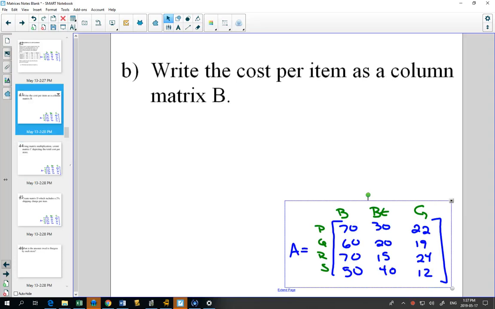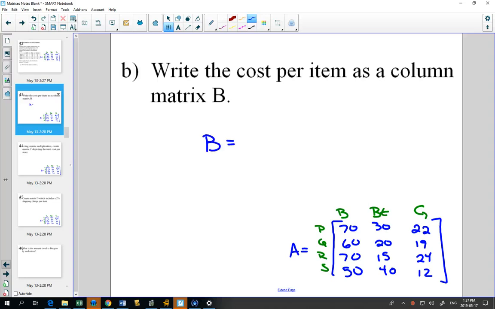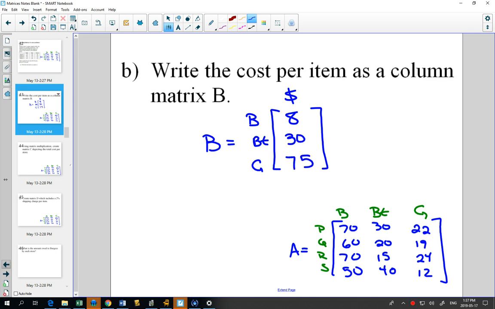Matrix B. Write the cost per item as a column matrix. So if I wanted to call the cost matrix B as a column matrix, that means it has one column. We have the amount that it costs here, and we have balls, bats, and gloves, and we were told the balls were 8, the bats were 30, the gloves were 75.